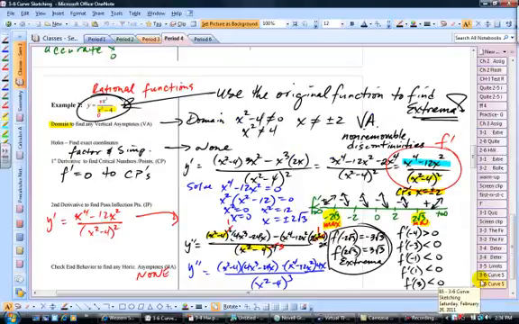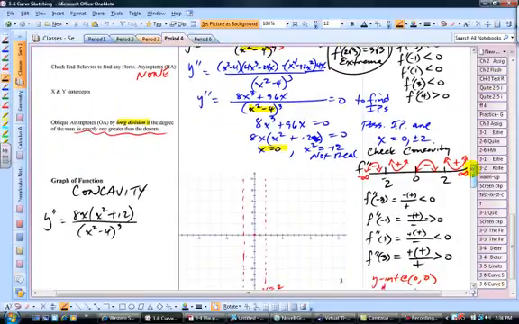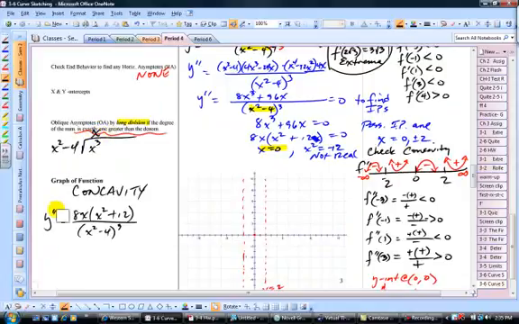Okay, so now what we have to do is find the oblique asymptote. Because when the degree of the numerator, 3, is exactly 1 greater than the degree of the denominator, 2 here, you have obliques. And the way you find oblique asymptotes is through long division. So I take x cubed divided by x squared minus 4. Let me erase that and start over again.